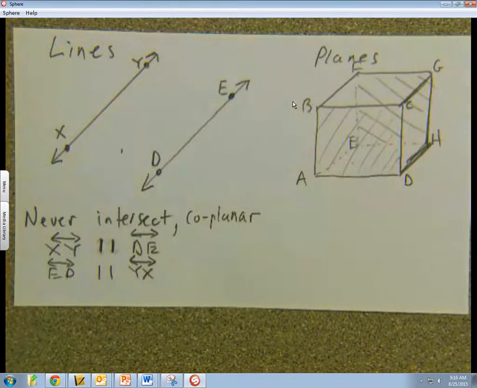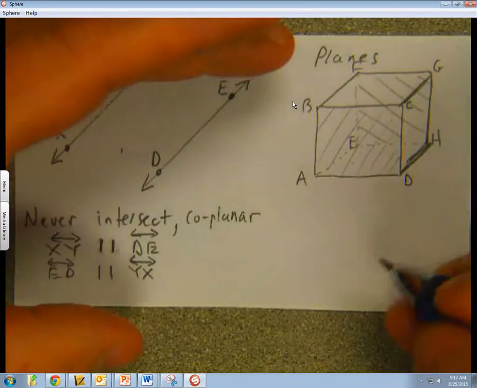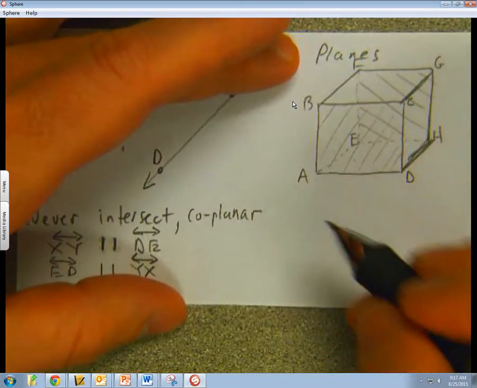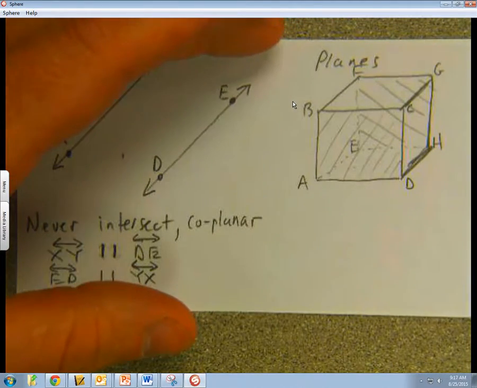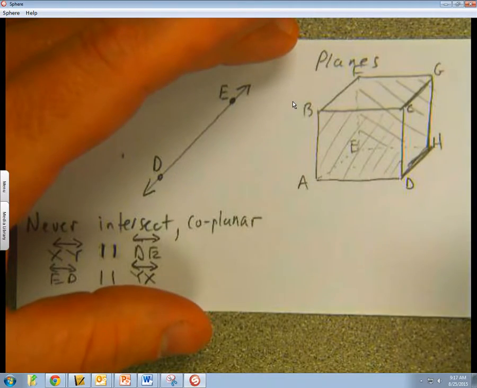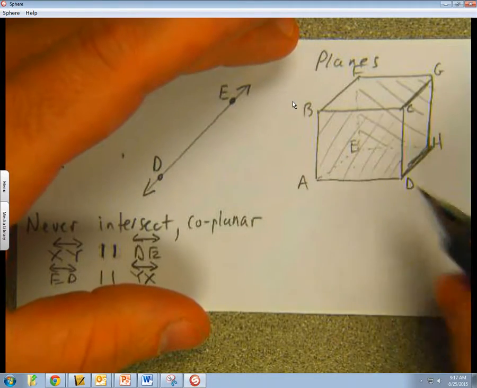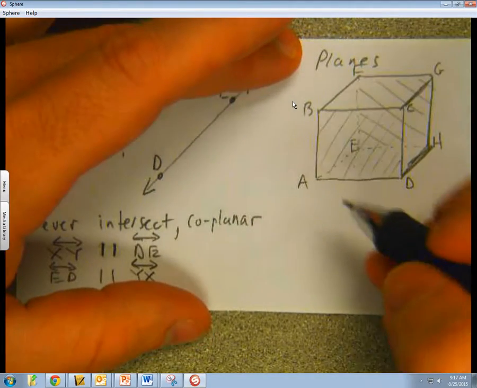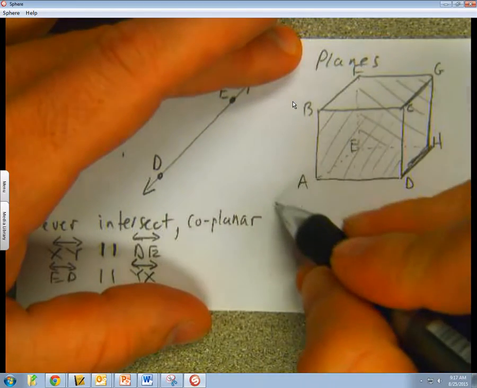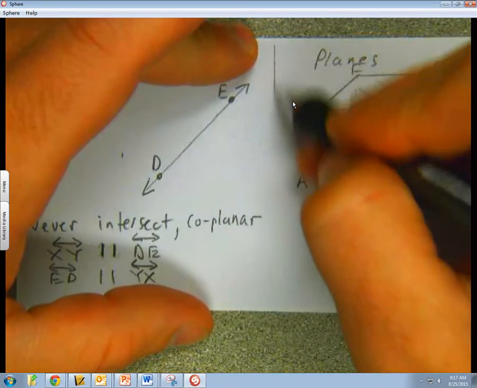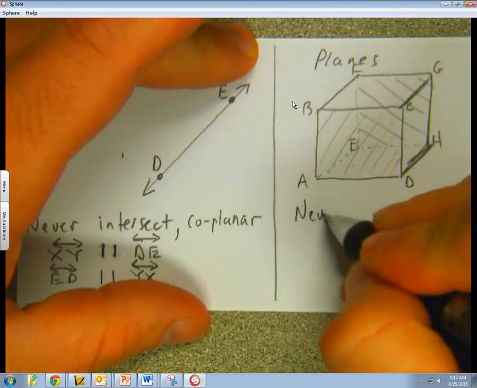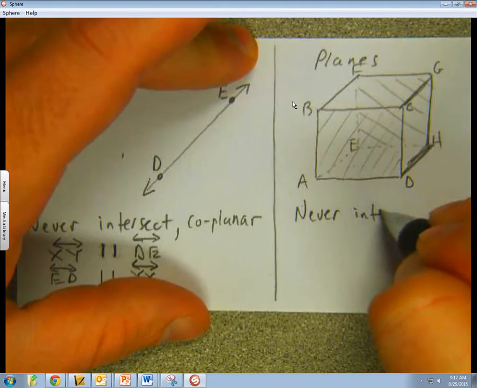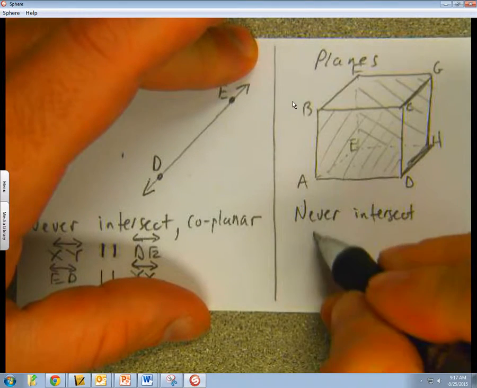So, parallel planes. I'm sorry, I said intersecting planes, but these never intersect. I've got a little line through here. Never intersects. An example of this would be the ceiling and floor.